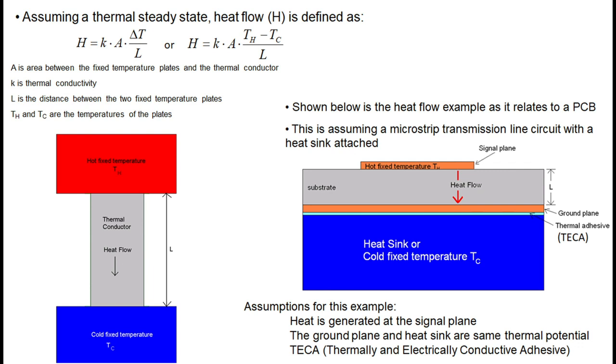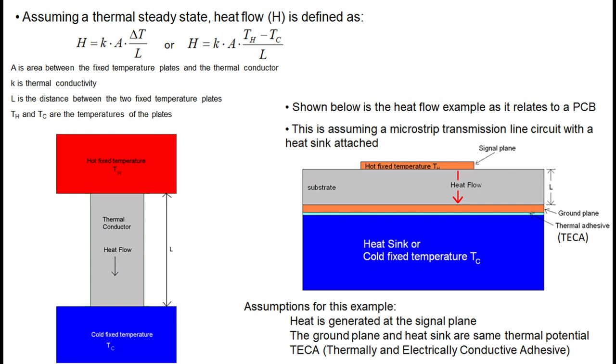Now that's the standard heat flow model, you might say, and then on the right is how you apply that to the printed circuit board industry. Here I'm showing a cross-sectional view of a microstrip circuit where the signal's on top and the ground plane is in the middle, but basically the bottom of the circuit, and the ground plane is adhered to a heat sink.